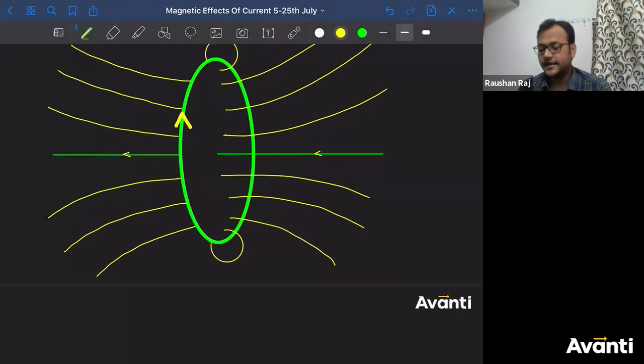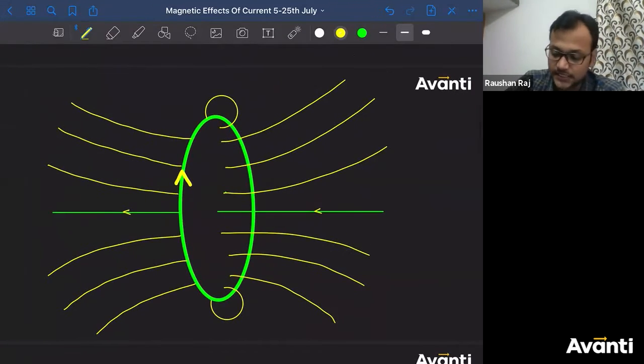So this is how the magnetic field lines will look like for a circular current carrying wire. What will be the direction? It will be in this direction. It will come here.